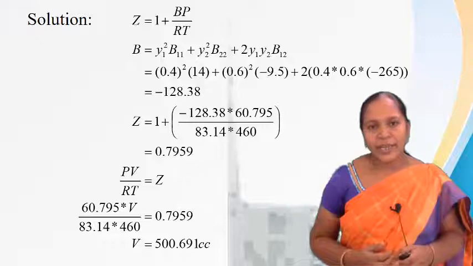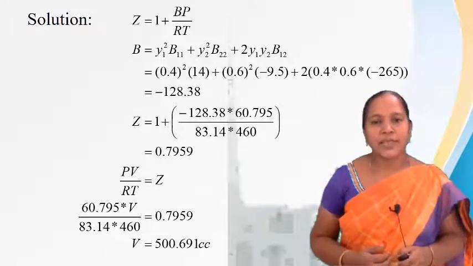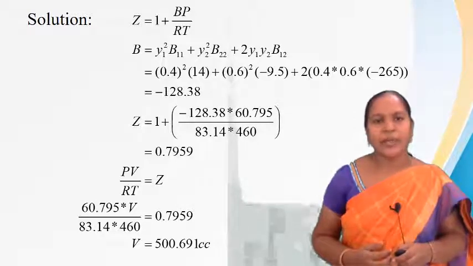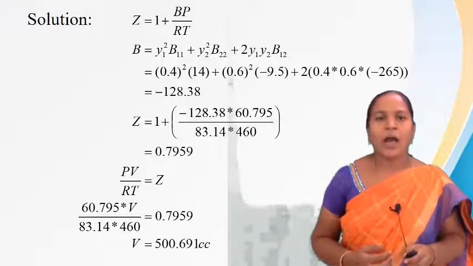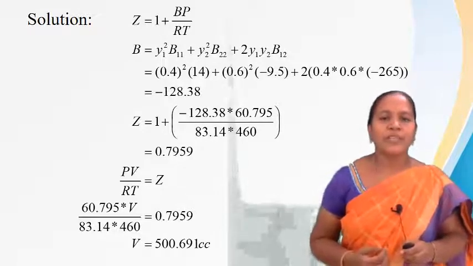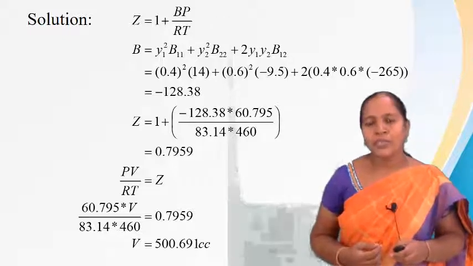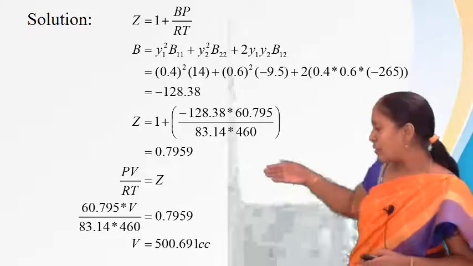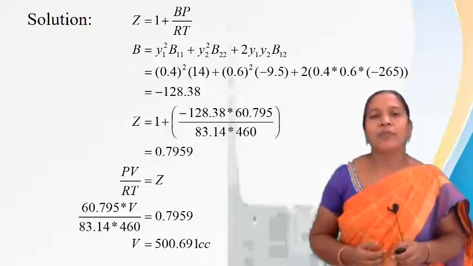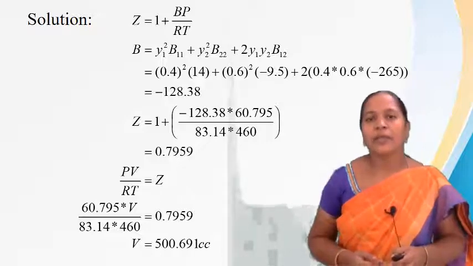After calculating Z, we know the ideal gas law, Z equals PV by RT. Z is already calculated, P is given in our problem, R is the gas law constant, T is already given. From this relation, we have to calculate the volume. Substitute all the values in the expression and calculate. V is 500.691 centimeter cube.